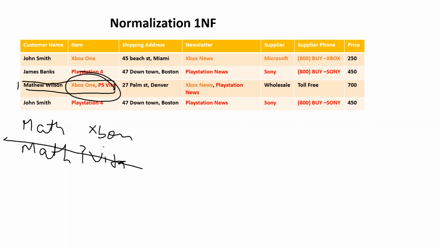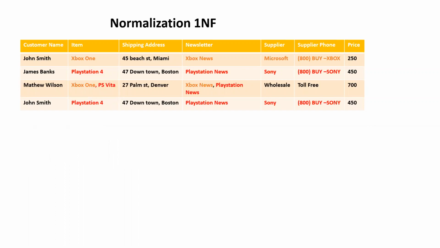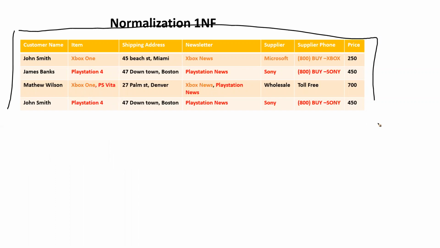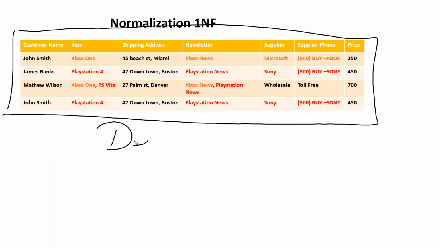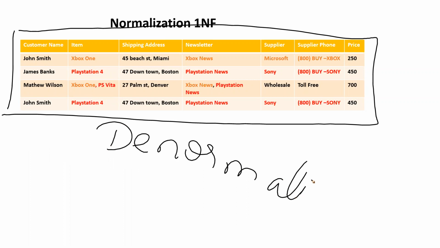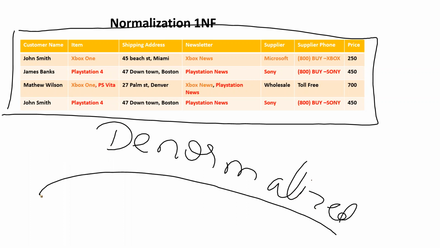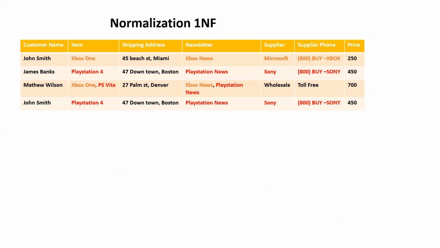So as of now, the table which you are seeing here is nothing but a denormalized table. And I want to make this a normalized table. And in normalization, there are various ways: first normal form, second normal form, third normal form, fourth normal form, BCNF.